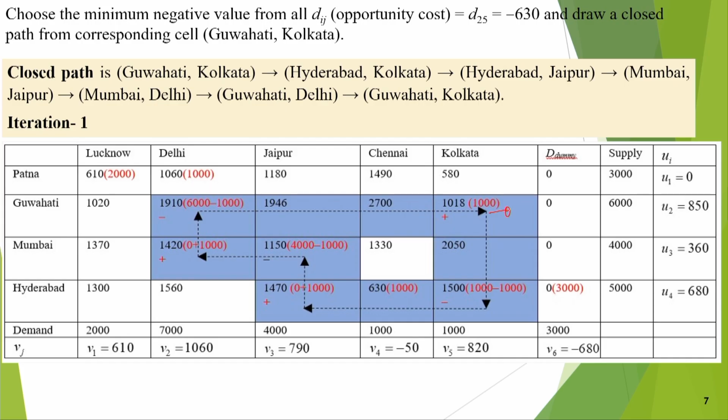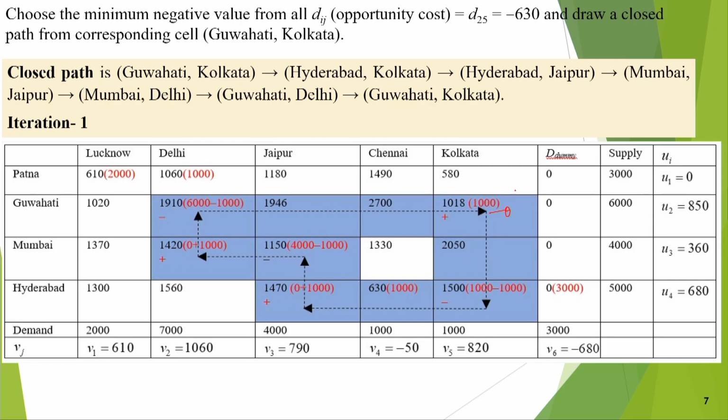Let us say that I want to give theta, and then from here I want to make a circuit type of thing, a closed path. How should I make a closed path? From this you move either horizontally or vertically, but you can take a turn only at a filled cell, and then you can complete this circuit.